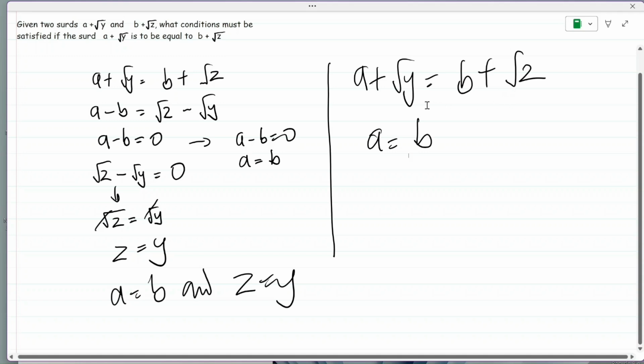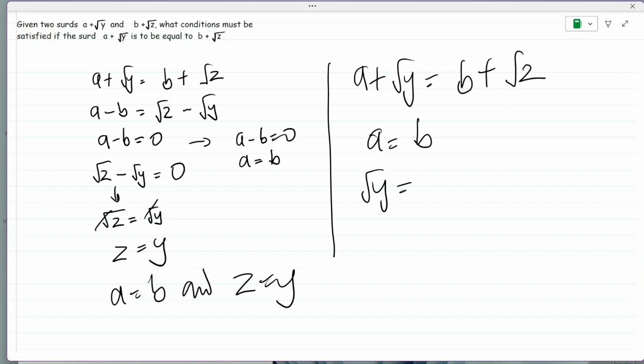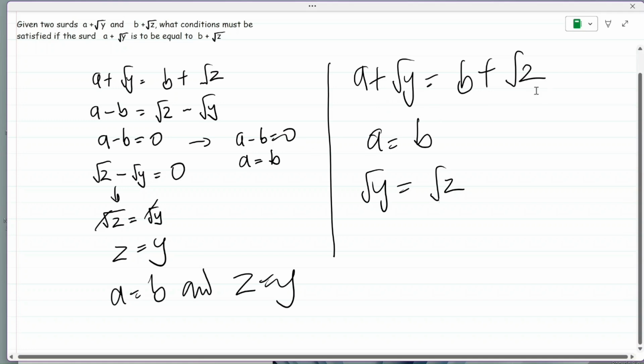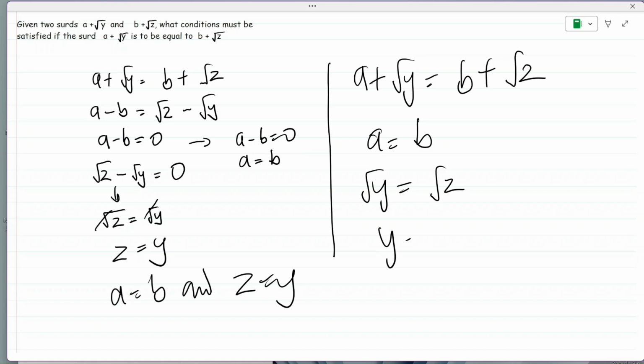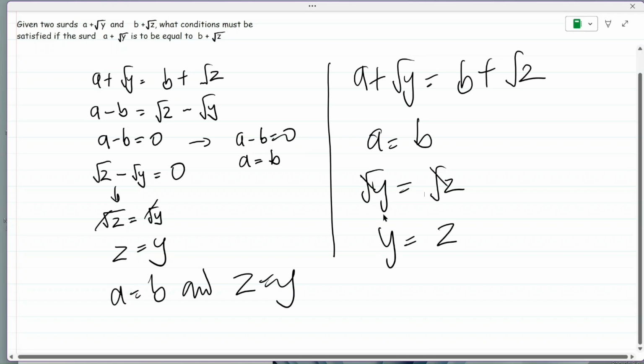You can simply say root y equals root z, because both of them are under root. You can equate them to one another, and to break it down, you can further say y equals z. The roots can cancel out, or you simply say you introduce square to both sides. The square will cancel the square roots on both sides. Then you have y equals z.